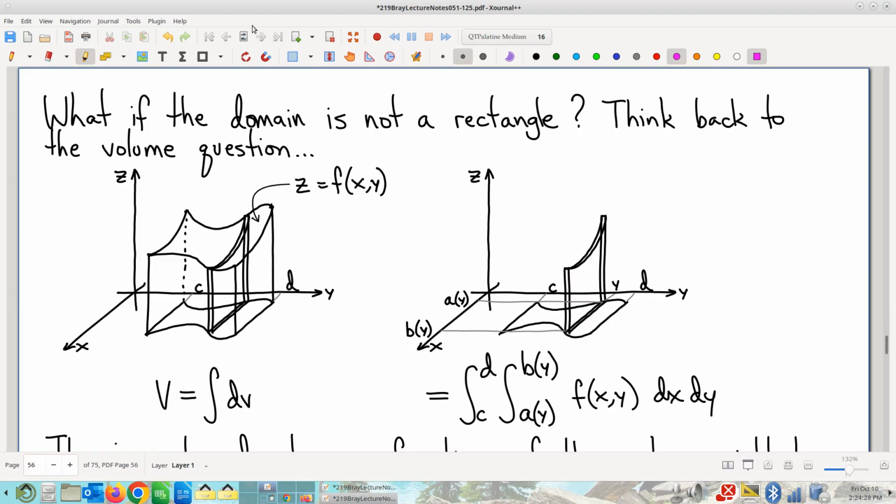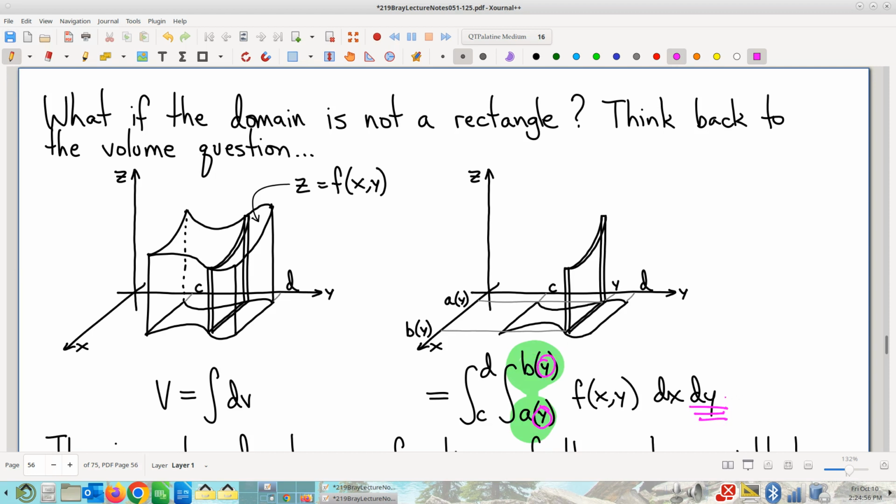Again, it has its moments. It's useful sometimes. So we noticed that the process is almost exactly the same, even when the domain's not a rectangle. Very little difference. There's only one little teeny tiny itty bitty little difference. The only difference is that the inside bounds are now functions of the outside variable.